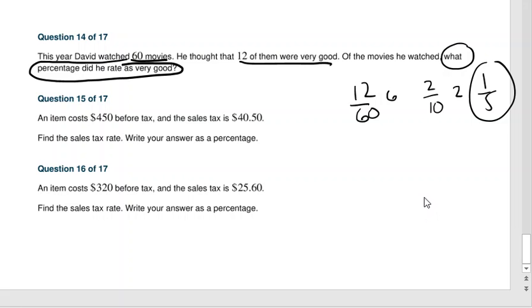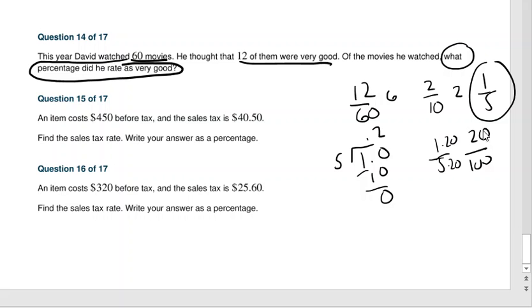If we want to know the percentage, you could do this two ways. You could take 1, you could divide by 5, and that gives you 0.2. Or you could take 1/5 and make an equivalent fraction. To get from 5 to 100, you have to times by 20, which means 1 has to get times by 20, which gives us 20 out of 100.